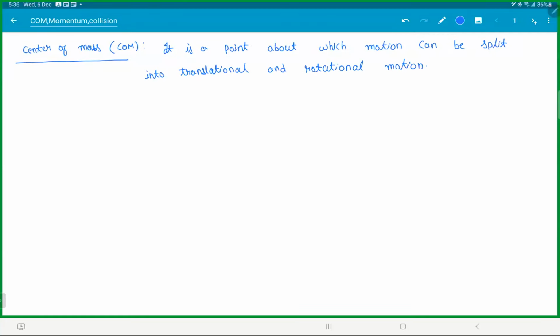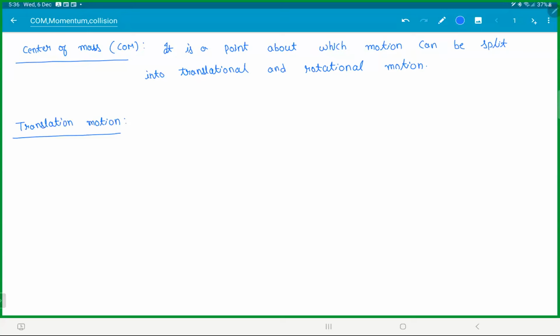Before going ahead, we need to define what this translation motion is. Anyone, what do you think is translation motion? Till now, the straight line motion that you studied is not necessarily translation motion.